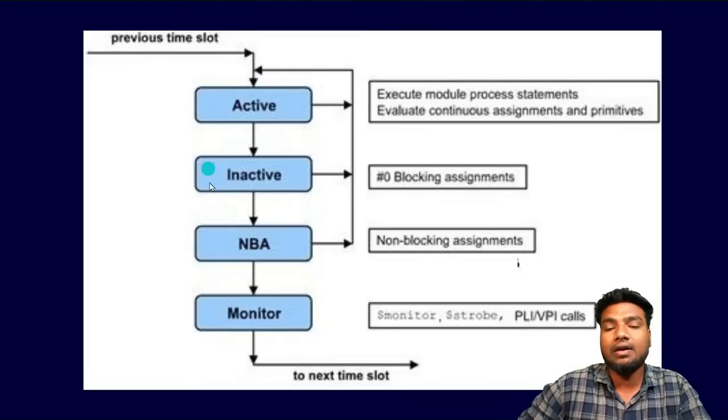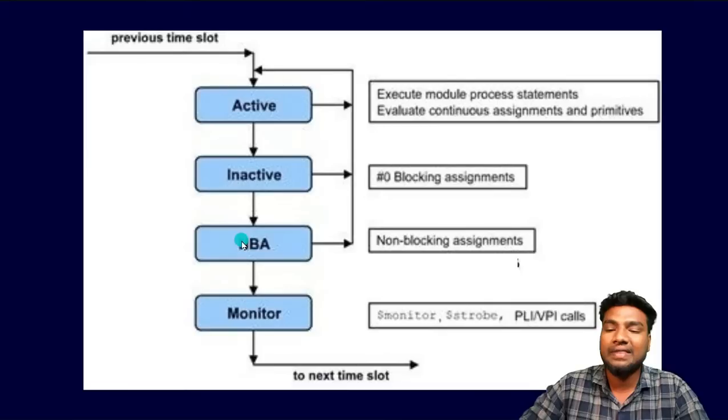These three regions have to complete, and then it will move to the postpone region. Firstly it will start with the active region, then move to the inactive region, then non-blocking, and then the postpone region. These are the timing regions our Verilog code uses. Based on these regions only, it will execute the code.